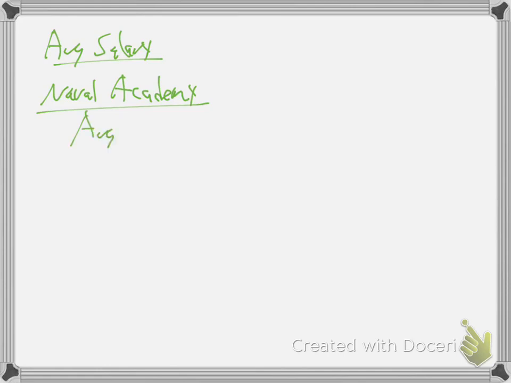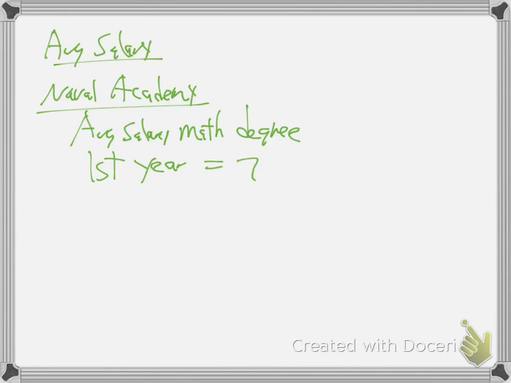The average salary of math graduates, math degree people, first year coming out of the Naval Academy was 70. Oh wait, no, I'm wrong.